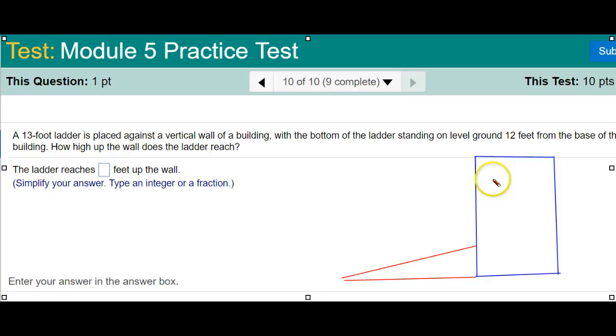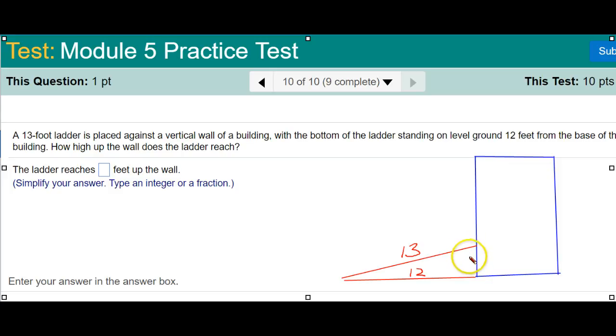Well, this is sort of a funny example here, but here's our building. Now we're going to have a ladder that's 13 feet long, that's standing on level ground, and it's 12 feet from the base of the building. So this one is 12, and we're wondering how far up does it go.